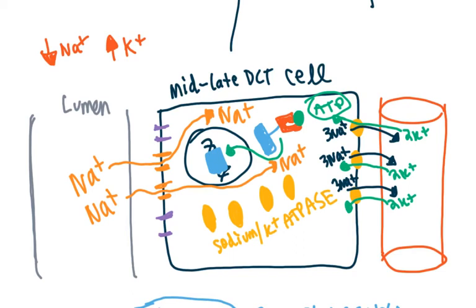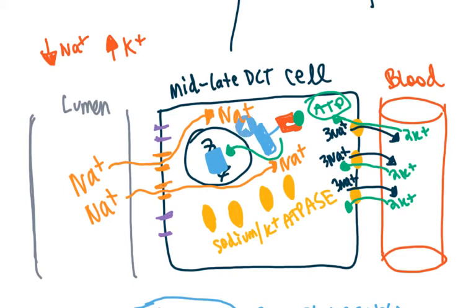Now potassium is going from low concentration, which is in the blood. Okay, so this is the blood, the peritubular capillary. So potassium is going from low to high concentration. That's why, to maintain this low to high concentration gradient, we have to have potassium leave the cell. It's going to automatically want to leave the cell, is what I'm trying to say, because usually molecules want to go from high to low concentration.